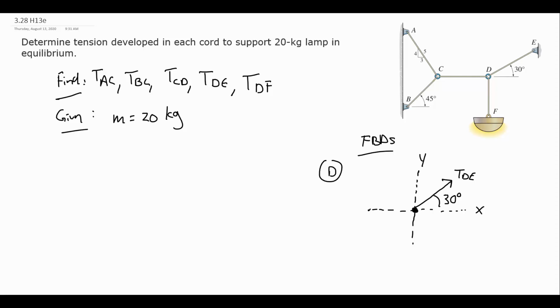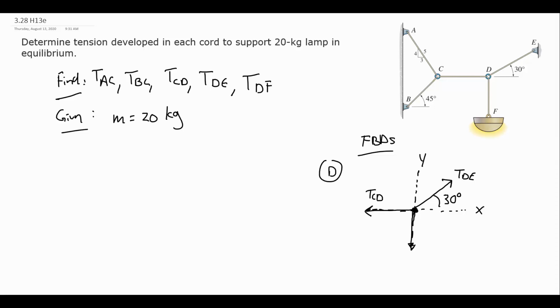So that's one unknown. I have the rope that goes from C to D or D to C, but I'm calling that CD. And again, I know it's horizontal. It's in what I'm calling the negative x-axis in this picture. And then finally, I am going to have the rope DF directed along its length.